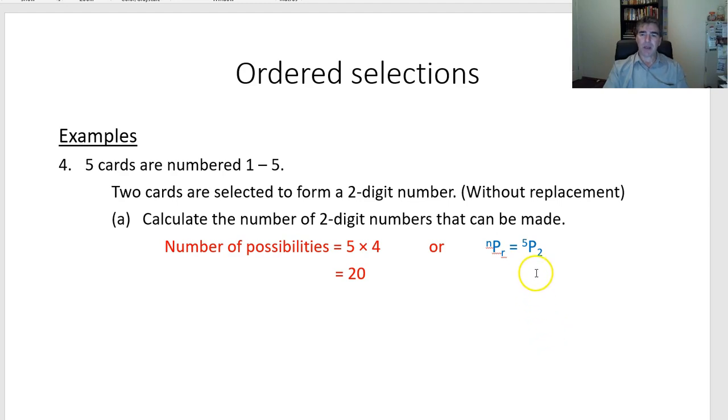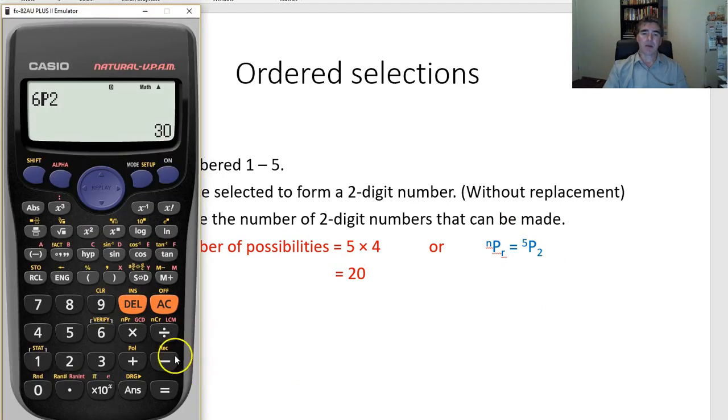So if the order is important, and we're emphasizing the P, then we can remember that if the order is important, then we can use this permutation on our calculator. So we can use the NPR on our calculator because the order is important. We've got an NCR here as well, and that's for later on when we've got combinations where we couldn't care less about the order.